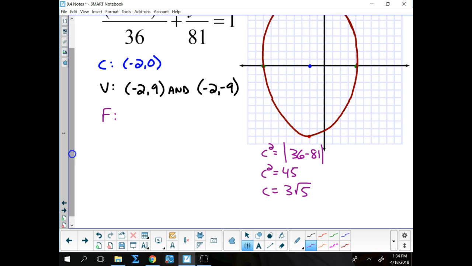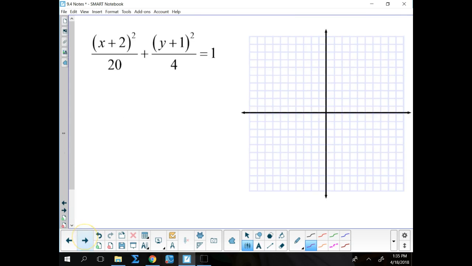Y? Okay, so it's going to be 0 plus or minus 3 square roots of 5. So really it's just negative 2 comma plus or minus 3 square roots of 5. If you put the 0 in there, I'd be okay with it, but you don't really have to. Yes, okay.